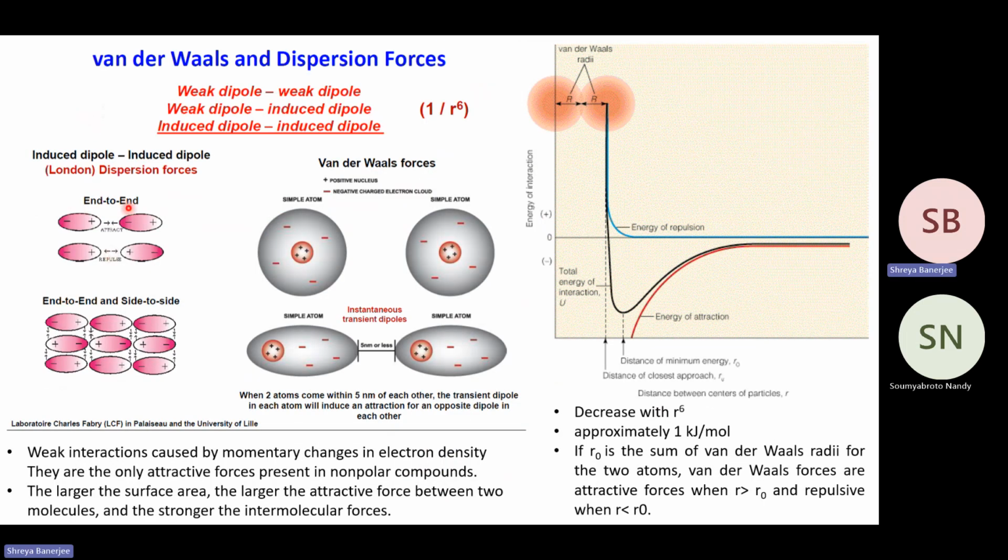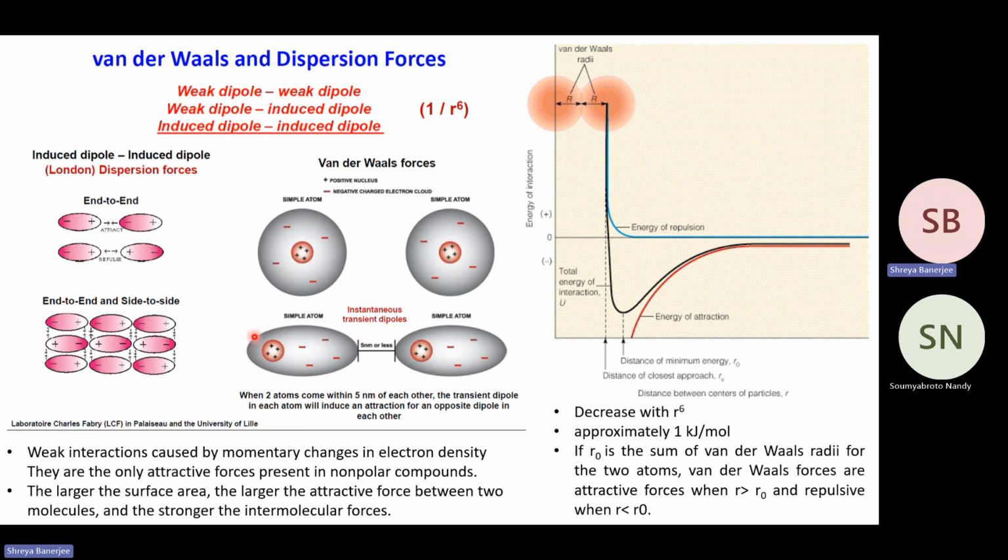And then you have the very weak van der Waals interaction. We know that in an atom, in normal cases, the electron cloud is symmetrically distributed, so there is no net charge. But sometimes instantaneous transient dipoles can form.